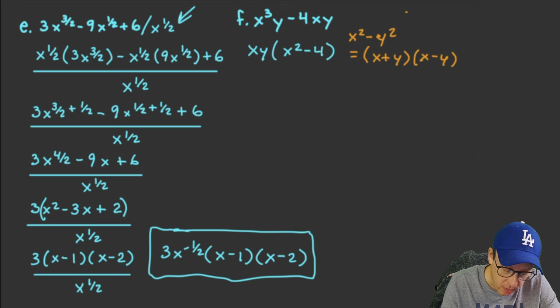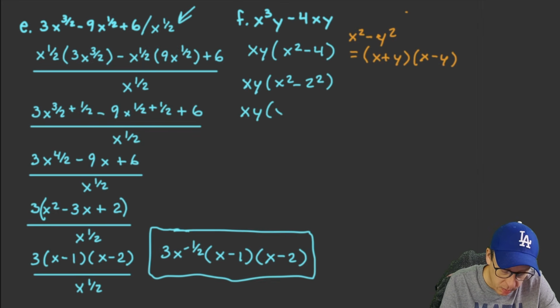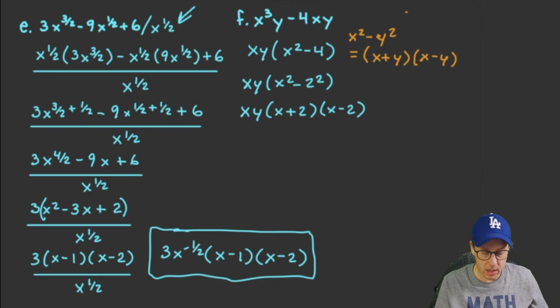So knowing that, we're going to be able to convert this to xy times x squared minus 2 squared, and then finally xy(x plus 2)(x minus 2). And there we are. All right, next problem.